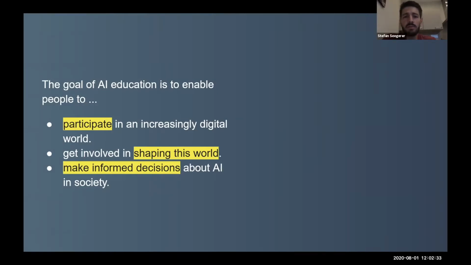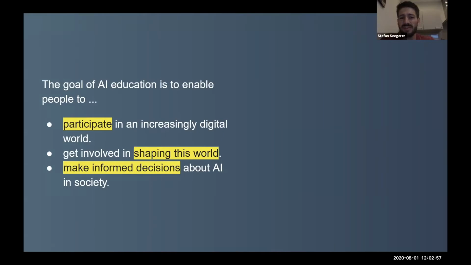Furthermore, they should also get involved in shaping this world, designing how we interact with AI and how AI is shaping our world. They should have a foundational knowledge about AI that enables them to not only use all those applications of artificial intelligence, but also to design and create their own AI solutions.